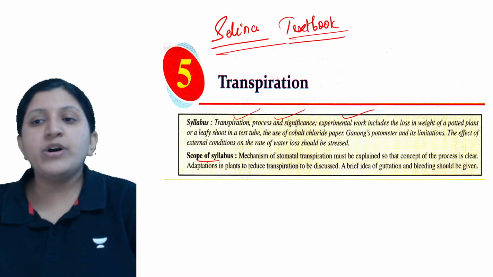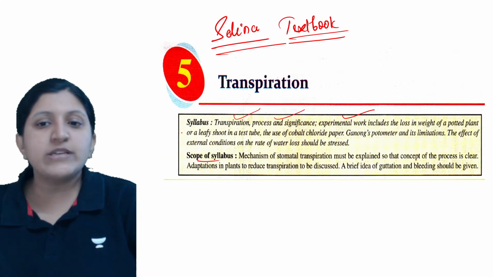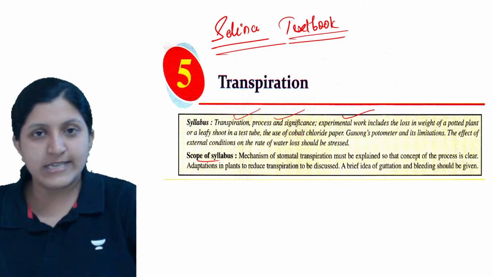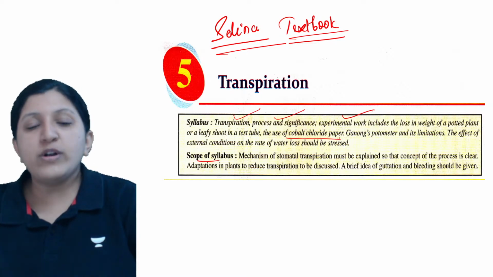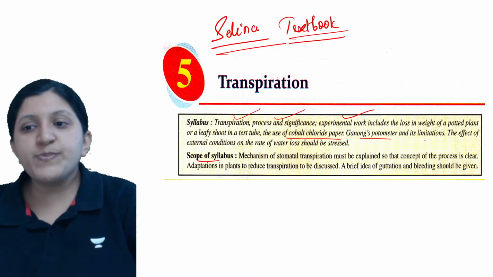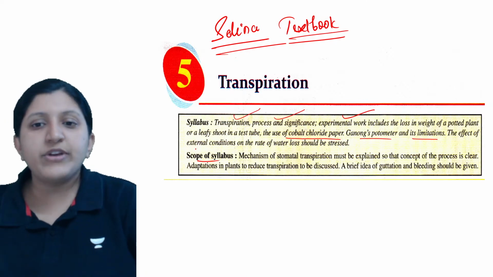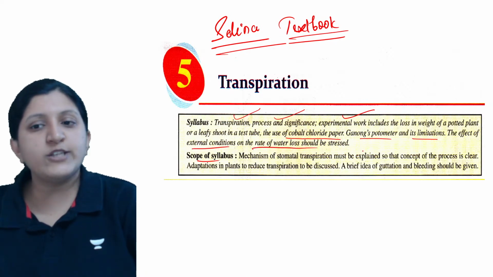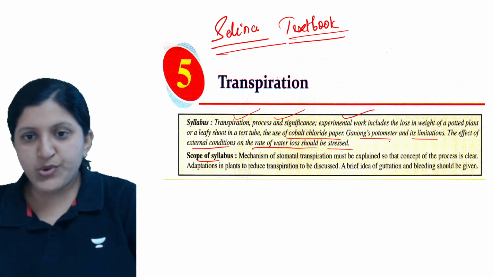Experimental work includes the loss of weight of a potted plant or of a leafy shoot in a test tube, the use of cobalt chloride paper, the Ganong's potometer and its limitations, and the effect of external conditions on the rate of water loss, which should be stressed here.